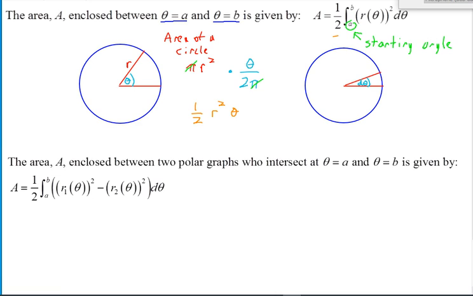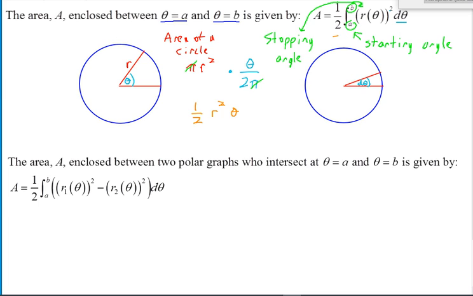And the upper limit b represents the stopping angle, wherever the polar curve stops. So now they're representing the theta values. You can see it's d theta here. And so instead of theta right here, we've got d theta.